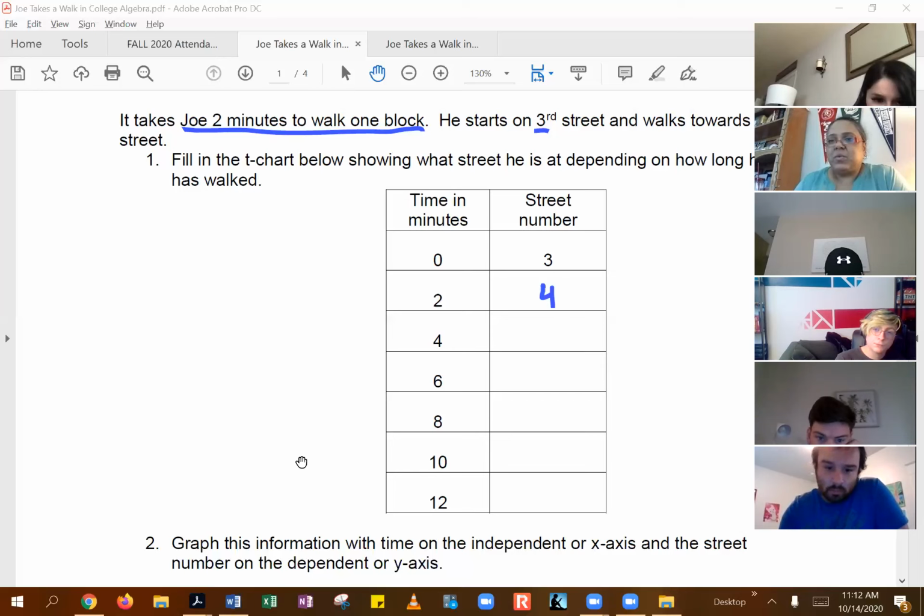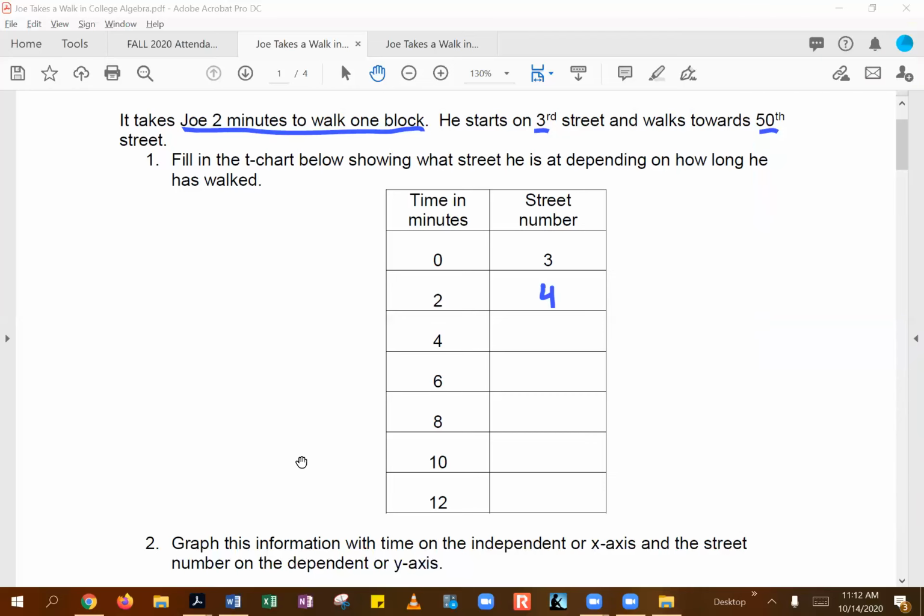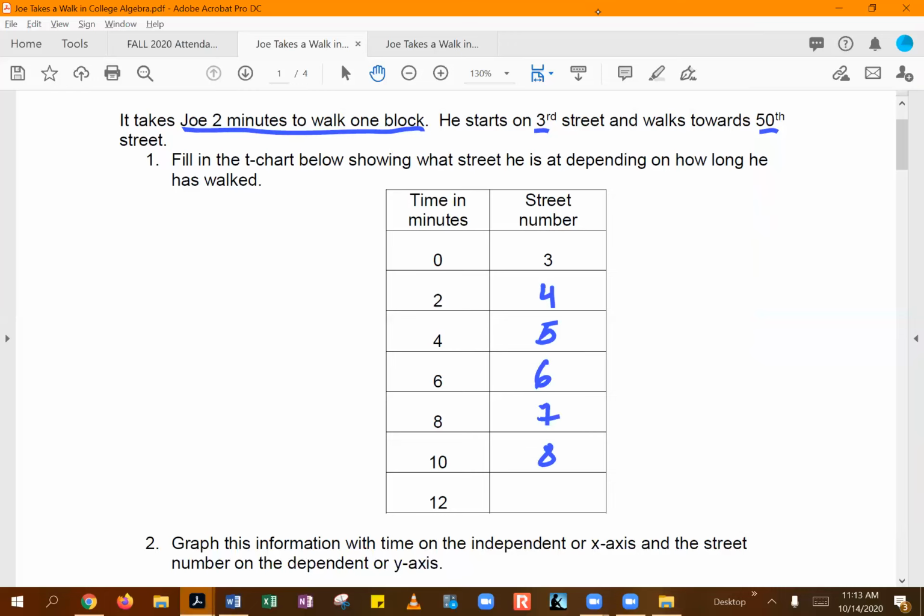But the speed he is walking at is 2 minutes for 1 block. So every 2-minute increment you see here, he's actually only moving by 1 block. So he has only made it to 9th Street by the time 12 minutes have passed.